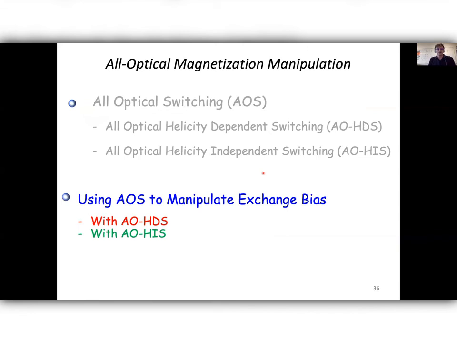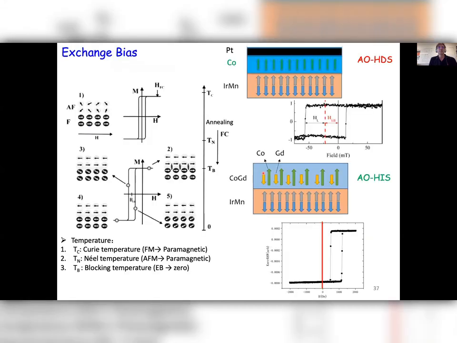So now let me finish very quickly with the possibility of manipulating not only the magnetization, but exchange bias. As you may know, exchange bias appears in systems where a ferromagnet and an antiferromagnet are coupled.